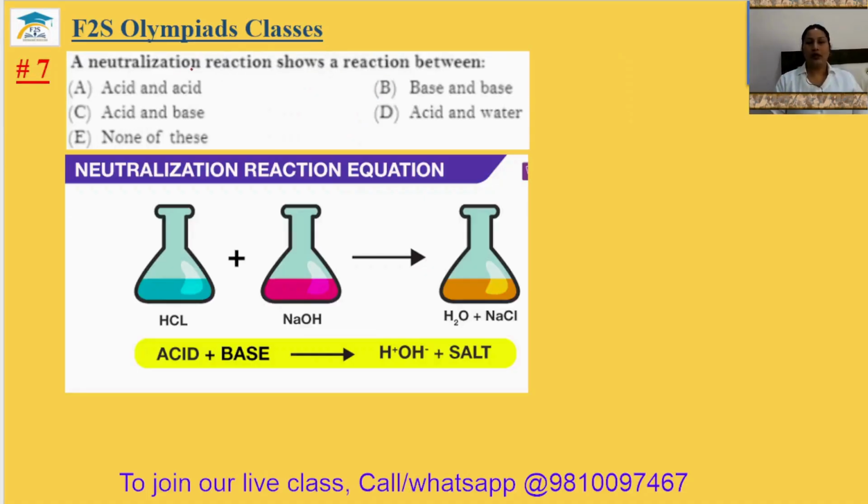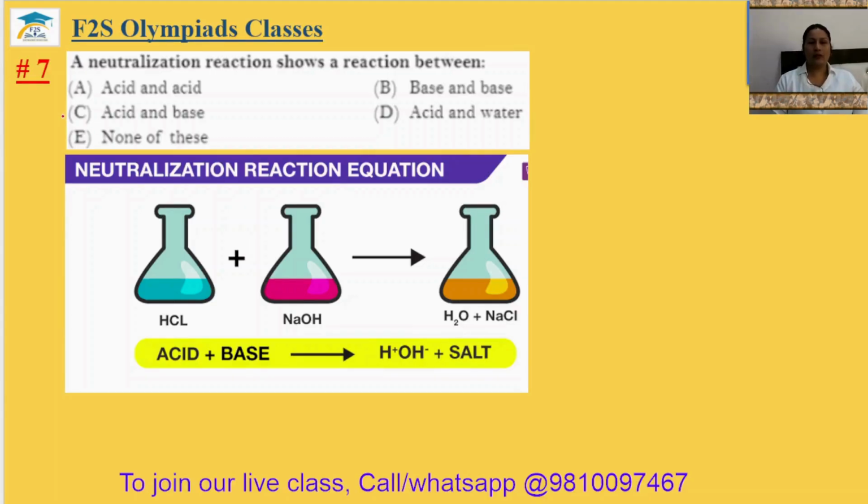Question number 7. A neutralization reaction shows a reaction between. The neutralization reaction means the product will neither be acidic nor basic. Okay? When we react acid with base, then we get the salt as a result, and this reaction is known as neutralization reaction.